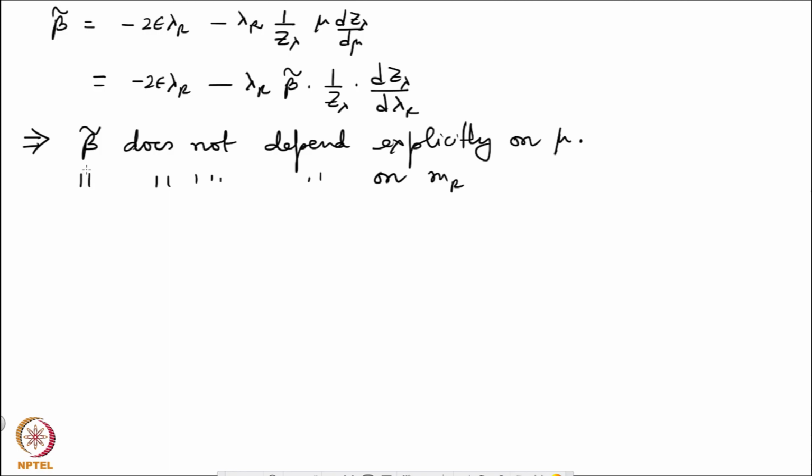Good. So yeah, what do I have? So I started with beta tilde as a function of lambda r, mr and mu, and now I have argued that, and of course it would also be a function of epsilon, but now I have concluded that beta tilde is only a function of lambda r and epsilon.